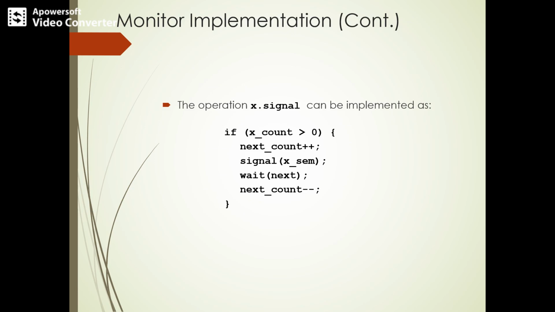The same thing applies to x.signal. In this x.signal operation, you can observe that if x_count is greater than 0, then the count of next_count will be incremented, that is, the number of signaling processes that will start to resume.